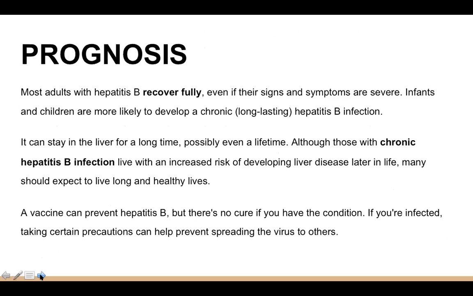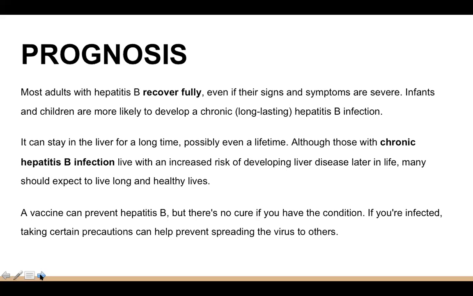The prognosis: most adults with hepatitis B recover fully, even if their signs and symptoms are severe. Infants and children are more likely to develop a chronic, long-lasting hepatitis B infection. It can stay in the liver for a long time, possibly even a lifetime.